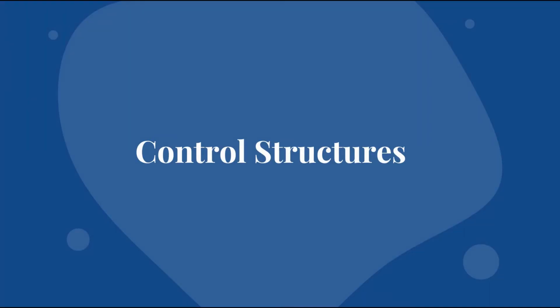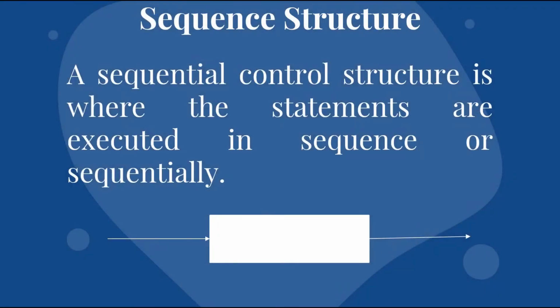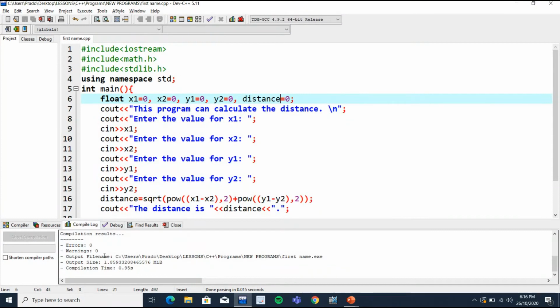So, let's proceed to the control structures of the C++ programming language. So, first one is the sequence structure. So, when we say sequence structure, it is a sequential control structure where the statements are executed in sequence or sequentially. So, ito po kasing sequence structure is ito yung pinakasimpleng structure ng isang C++ program.